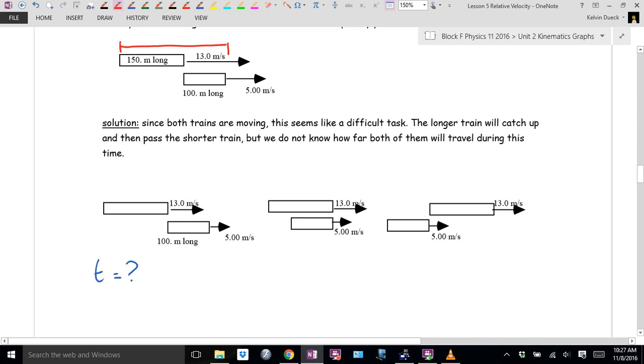What distance does that back end have to travel relative to the front end of the train? Yeah. Now, I know they're both moving forward. I don't care. I'm going to ignore the fact that they're moving forwards. I'm going to pretend that that front train is standing still and the back train is moving relative to the front train. And so I'm going to argue, Sarah, that the distance we need to travel is that.